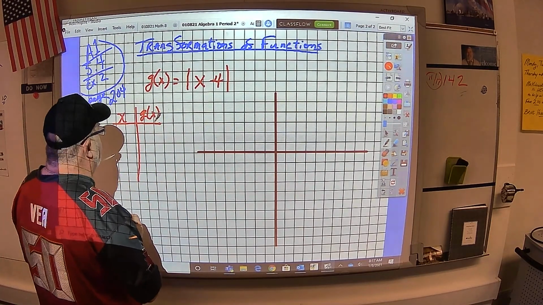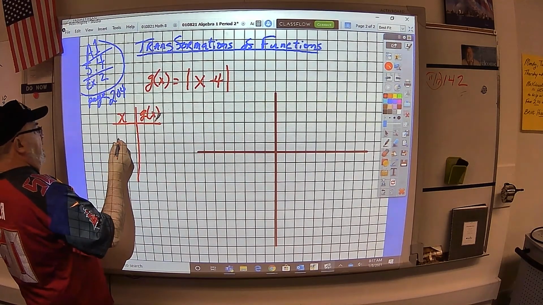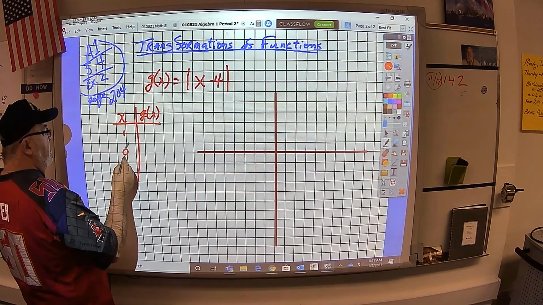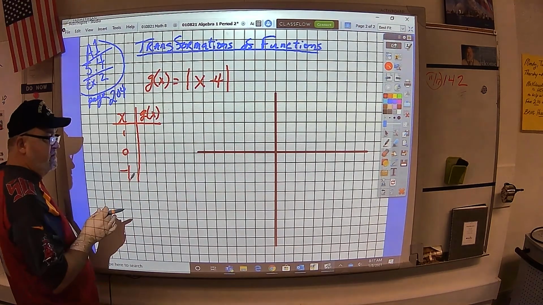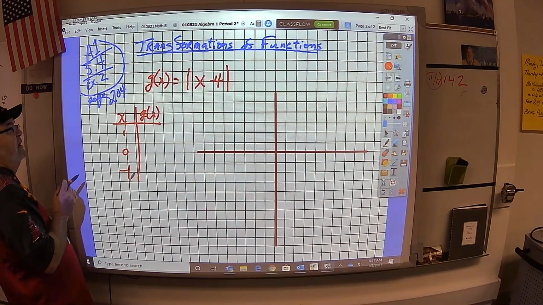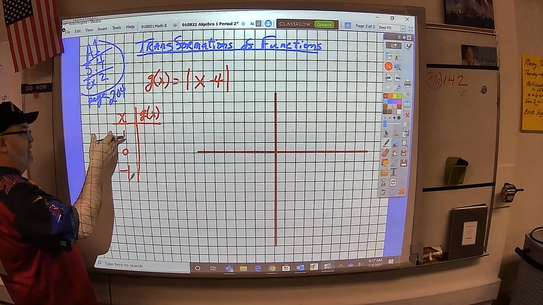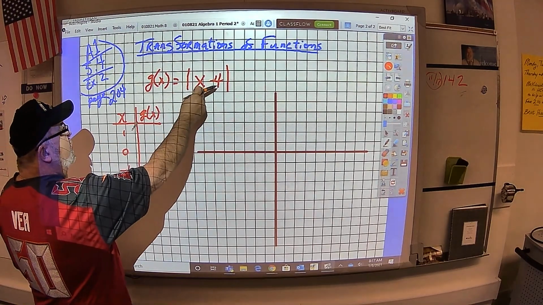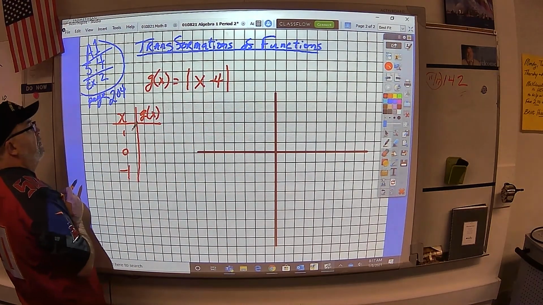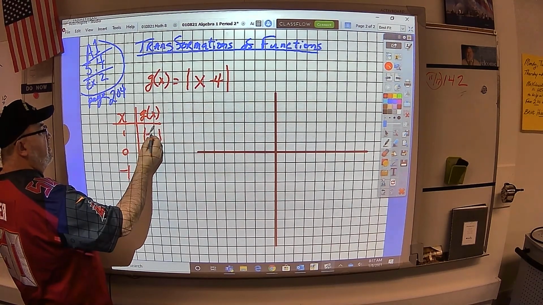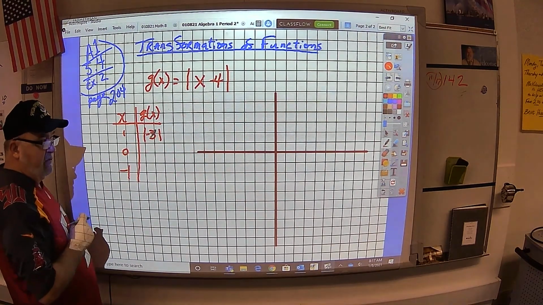So if I were going to use 1, 0, and negative 1, just the model here, I now know I'm looking for the absolute value of this model when I put 1 where x is. So 1 minus 4 has to be minus 3, right?